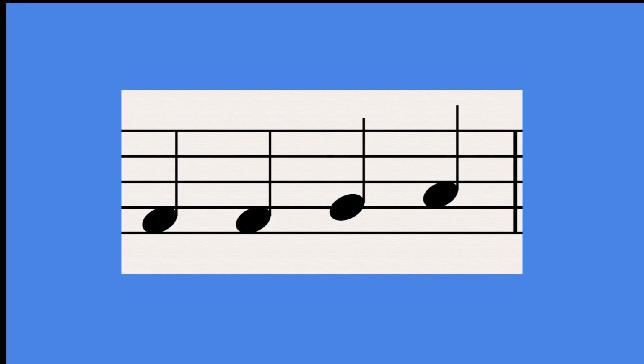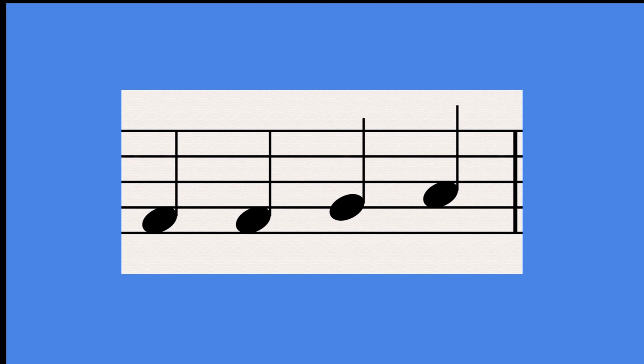Okay, and now for a little bit of review for you. So, here's the first question. Take a look at these random notes on the staff. What notes are those? Okay, if you're a little bit confused, I understand why. Well, there's no clef there. So the clef is going to determine what notes those are.